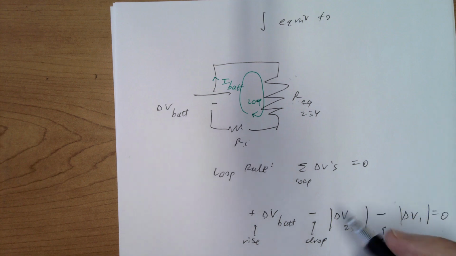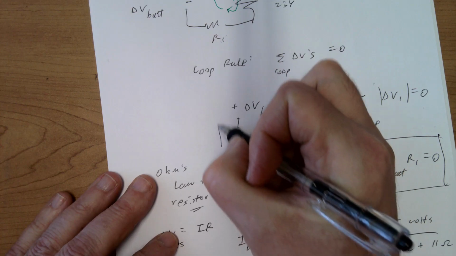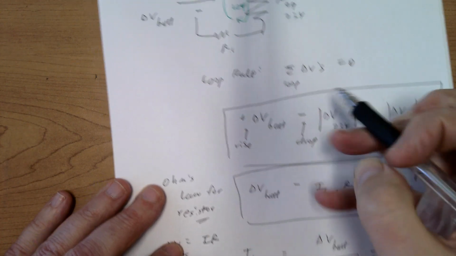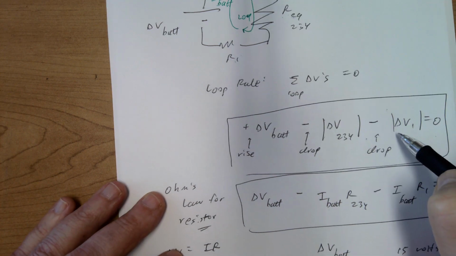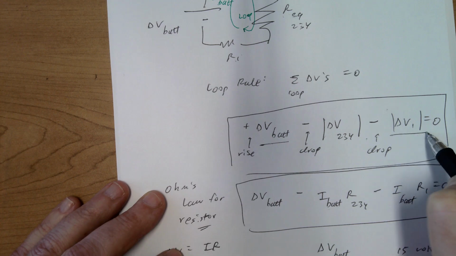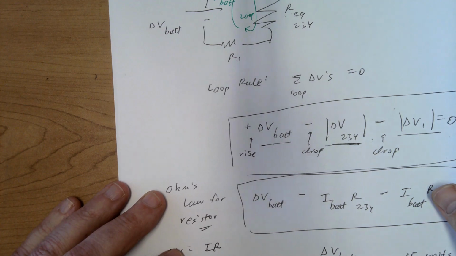I'm going to go back and use my loop rule now. So I know that the three voltage differences in my equivalent circuit all sum to 0. So now I'm going to use the known voltage changes for R1 and the battery. I'm going to solve for delta V234.